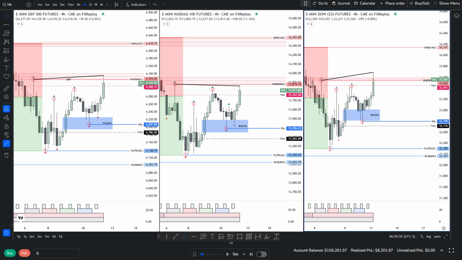So I'm going to maintain the same analysis that we took yesterday. I'm going to provide more concrete narrative in terms of the 4 hour. Currently the H4 time frame is bullish.